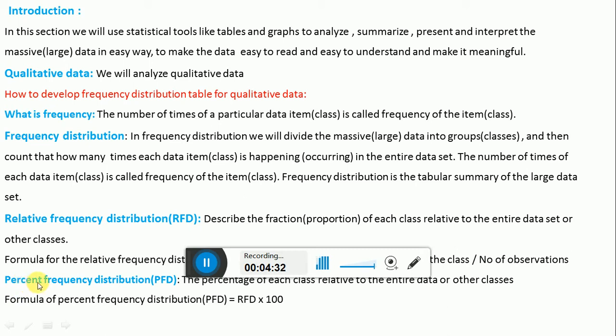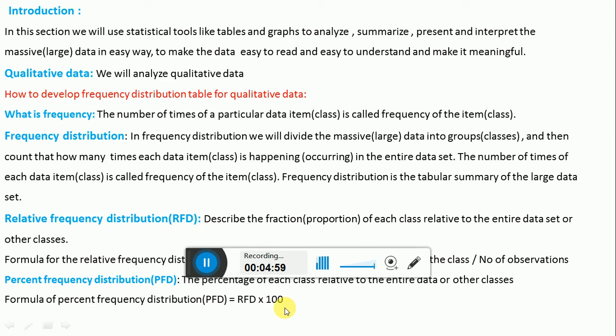Another terminology: percent frequency distribution. The percentage of each class relative to the entire data set or other classes is called percent frequency distribution. The formula of percent frequency, PFD, is equal to RFD multiplied by 100.